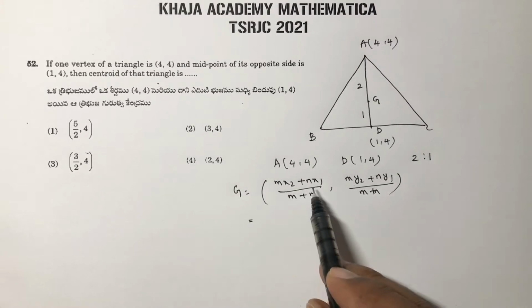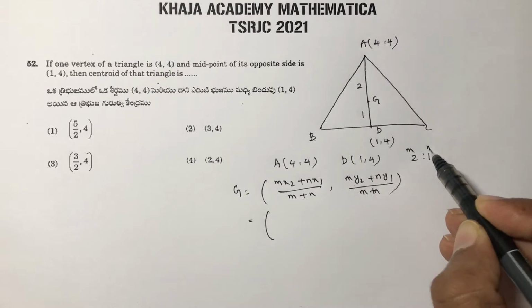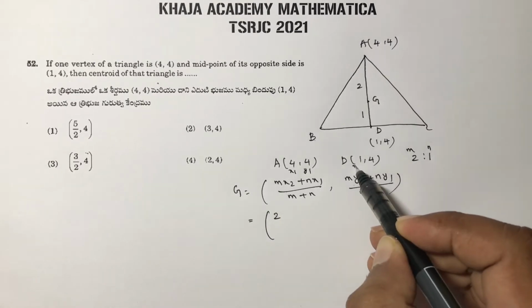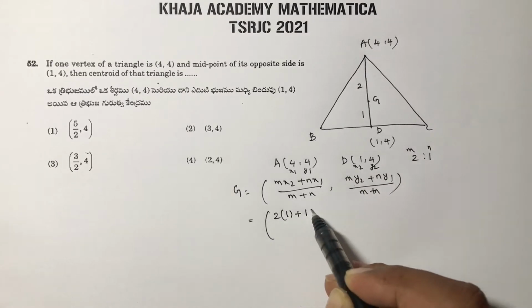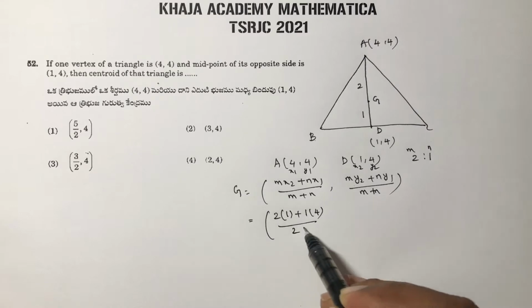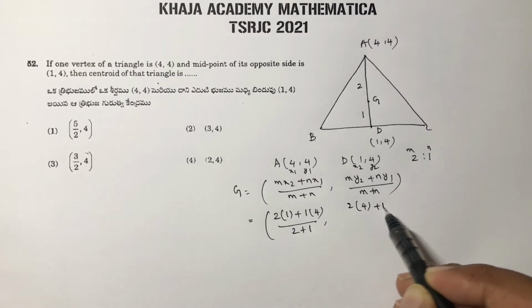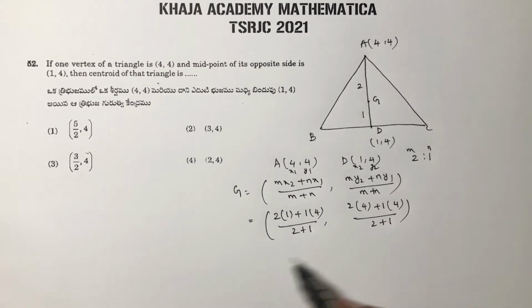So the ratio is 2:1, and these values are x1, y1, x2, y2. mx2 plus nx1 by m plus n, my2 plus ny1 by m plus n.